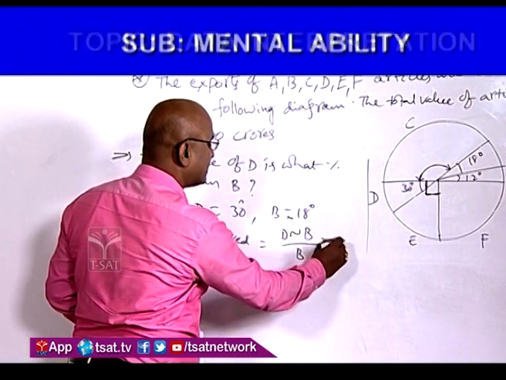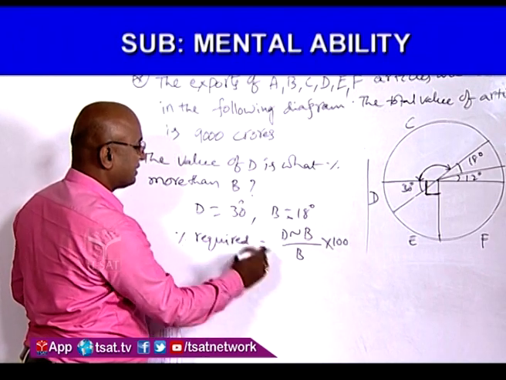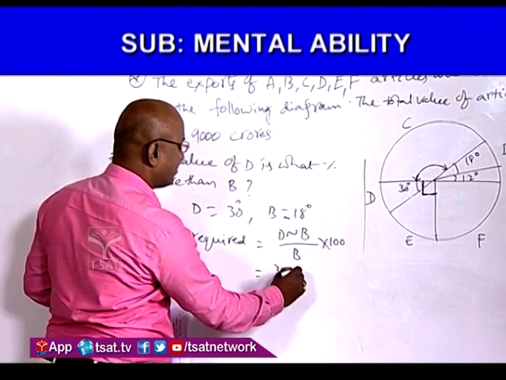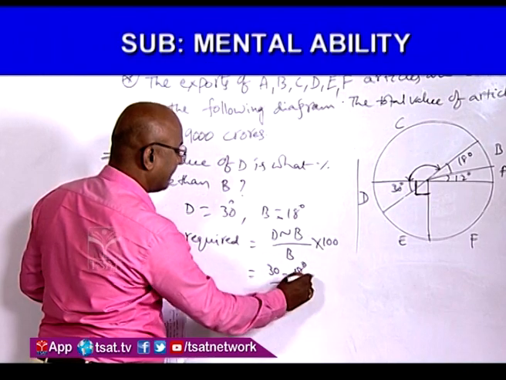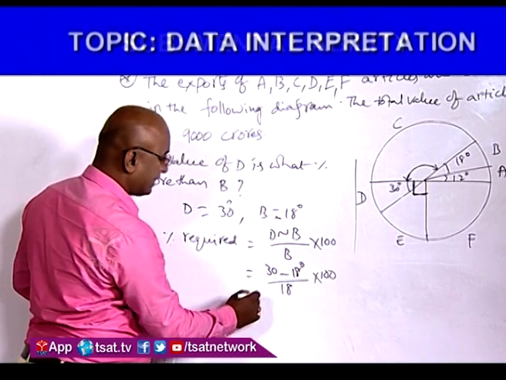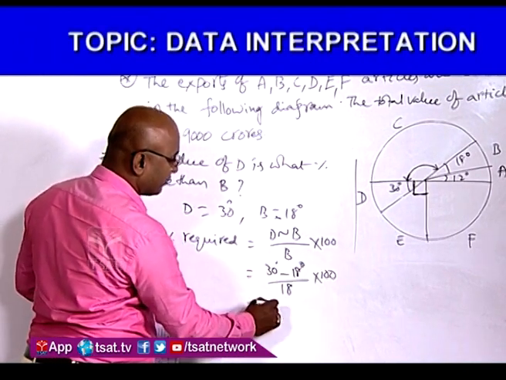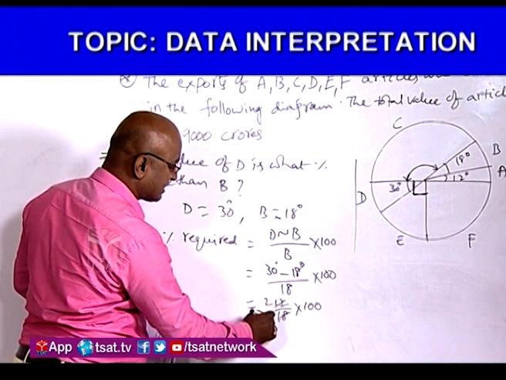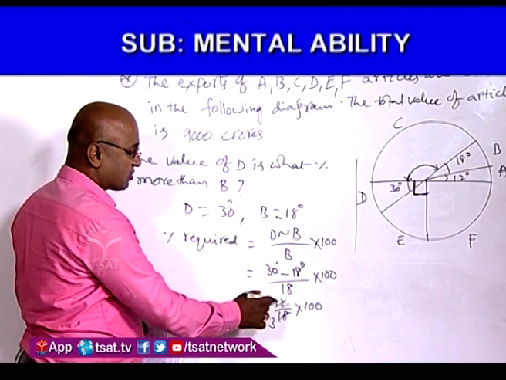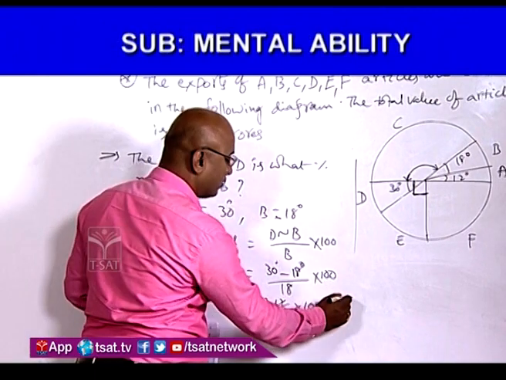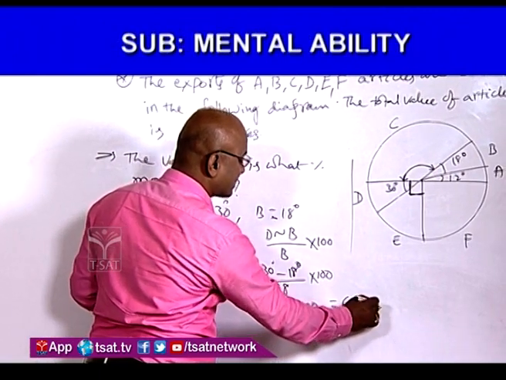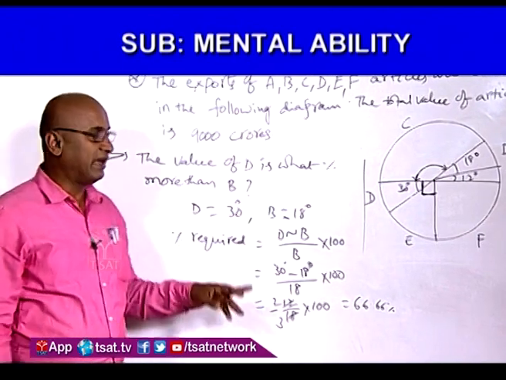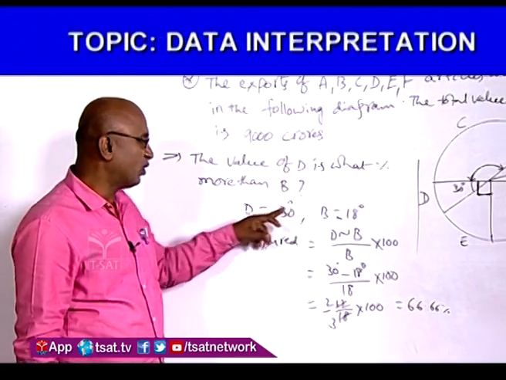So D value 30 degrees minus B value 18 degrees, by B which is 18, into 100. So 30 minus 18 is equal to 12. 12 by 18 into 100. So 6 2s and 6 3s, 2 by 3. So 2/3 of 100 is equal to 66.66%. So the value of D is what percent more than B?